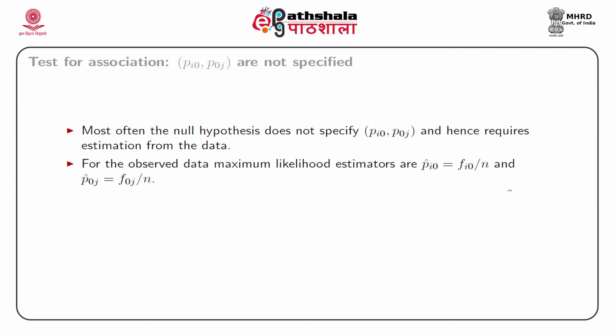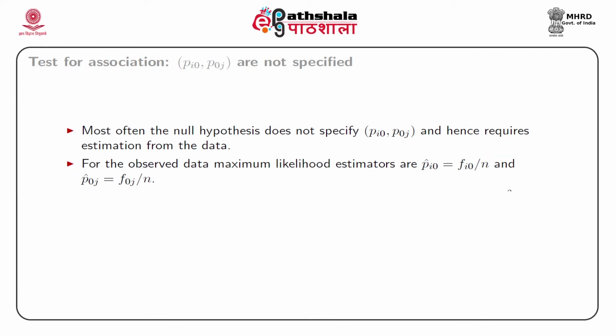Plugging in these estimates, we get the statistic Tn dash, which can be equivalently expressed as n times summation i from 1 to k, summation j from 1 to L, Fij square divided by Fi naught F naught j, minus 1. Since under the null hypothesis Tn dash has a chi-square distribution with degrees of freedom k minus 1 times L minus 1, a large sample test can be constructed as earlier.